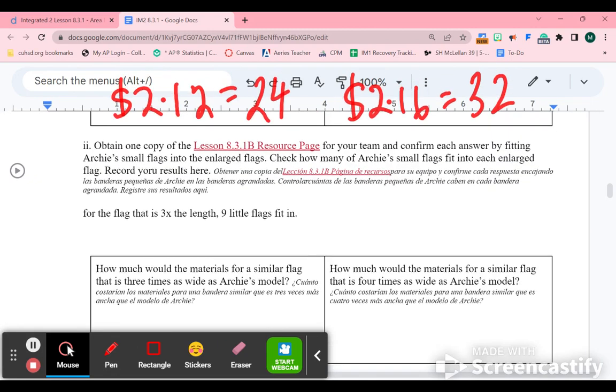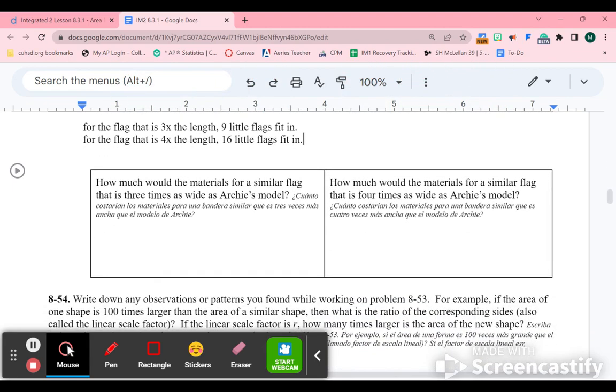And for the flag that is 4 times the length, 16 little flags fit in. So how much does that mean the materials would cost?